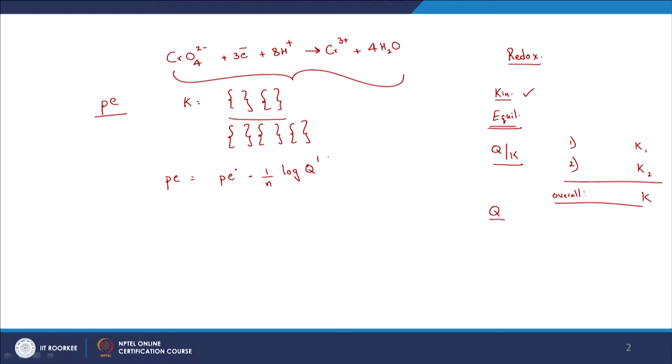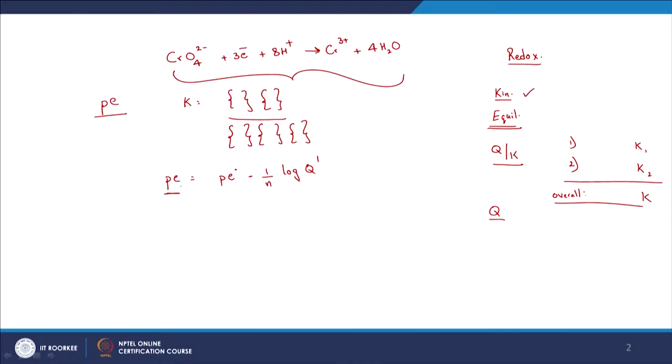Let us refresh what we need to understand with respect to each of these terms. PE is your reduction potential, which is what we are going to consider for determining our redox reaction's feasibility. And PE naught, if we look at how we derived it, was equal to 1 by n log K, so it gives you an idea about the system at equilibrium.